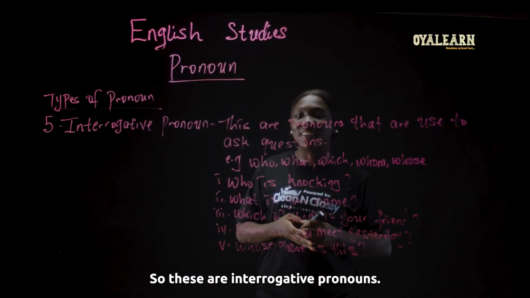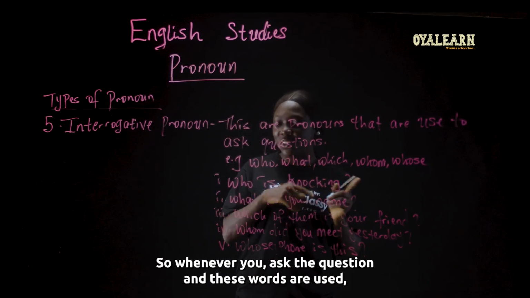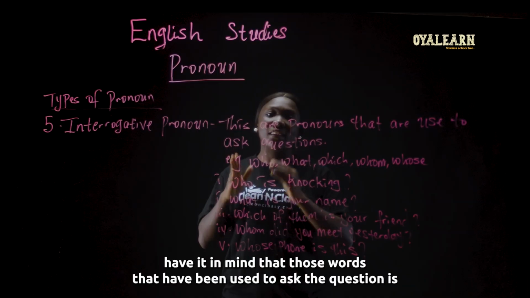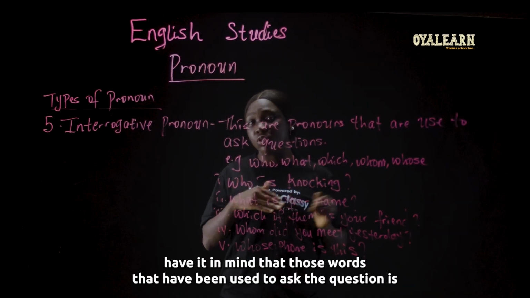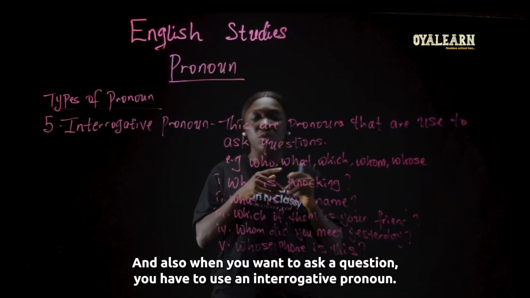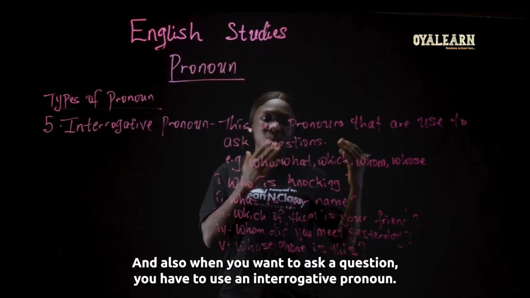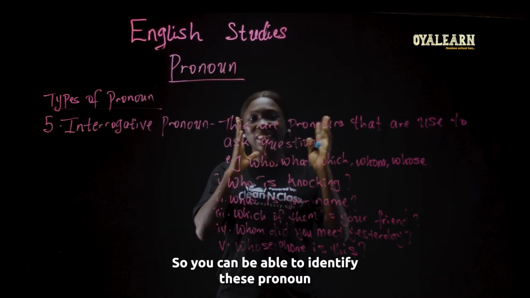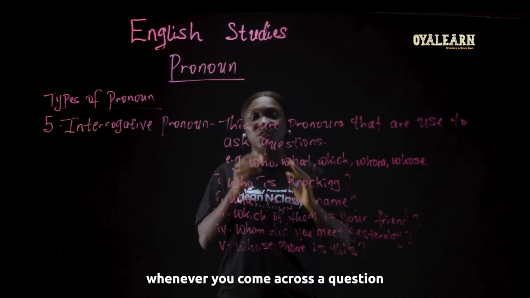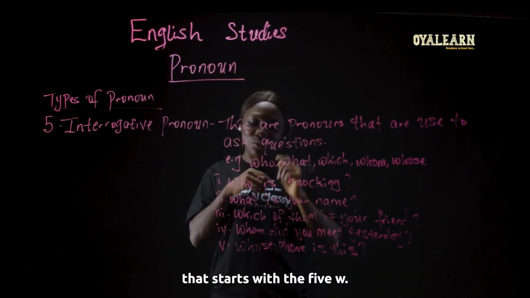So these are interrogative pronouns. So whenever you ask a question and these words are used, have it in mind that those words that have been used to ask the question are interrogative pronouns. And also when you want to ask a question, you have to use an interrogative pronoun, so you can be able to identify this pronoun whenever you come across a question that starts with the 5W.